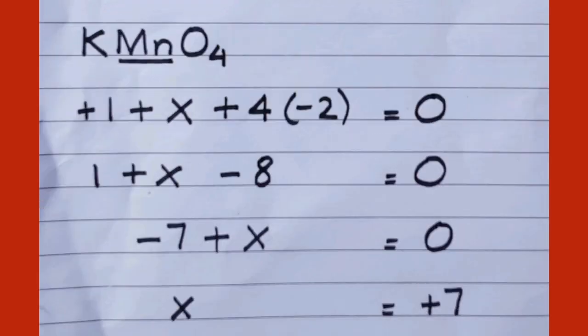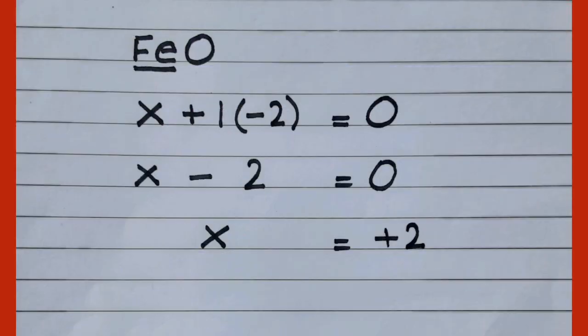Now we are going to find the oxidation number of underlined elements in these compounds. KMnO4, underlined element Mn. Plus 1 plus x plus 4 multiplied by -2 equals 0. 1 plus x minus 8 equals 0. -7 plus x equals 0. x equals +7.